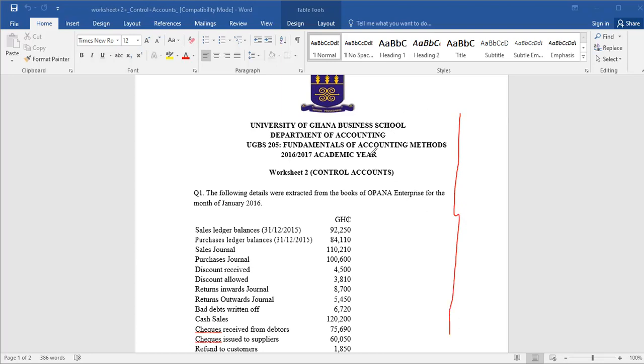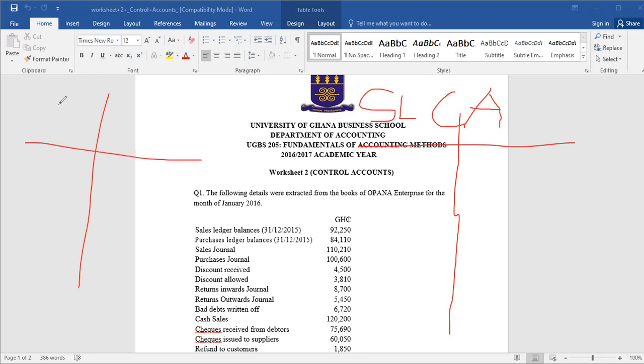Look at this. This is the sales ledger control account, you just have to make do with this, and then this is the purchase ledger control account.